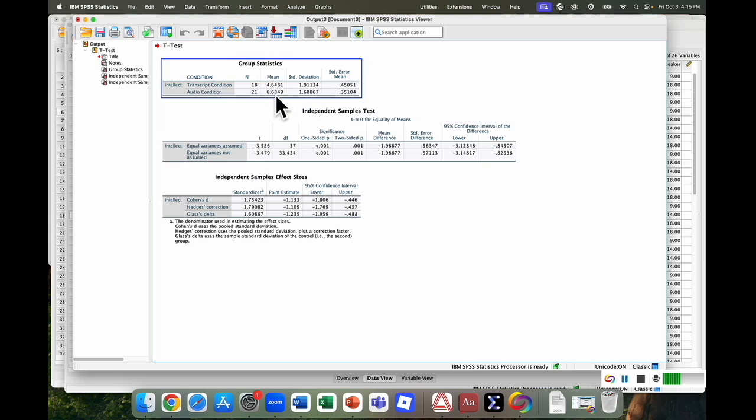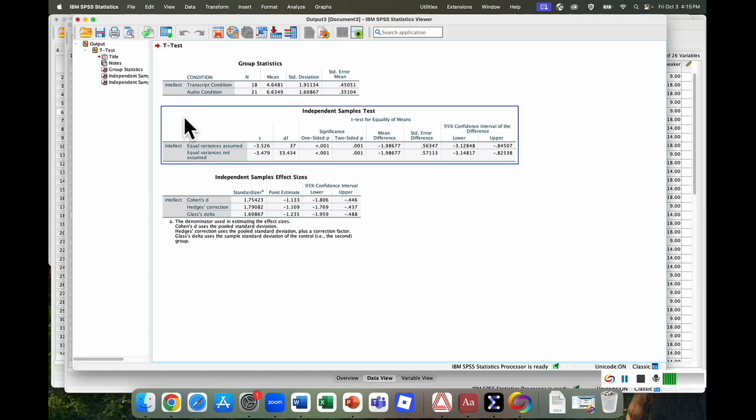Just looking at the means and the standard deviations, you can tell that the difference is slightly less than 2 between the two conditions, which is a little more than a standard deviation. So we have a full standard deviation difference, which is a pretty large effect.